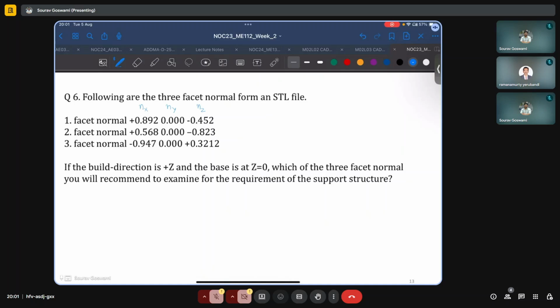As we already discussed, if the facet normal is pointing upwards, it will definitely not require any supports. If it however points downwards, supports may be needed.